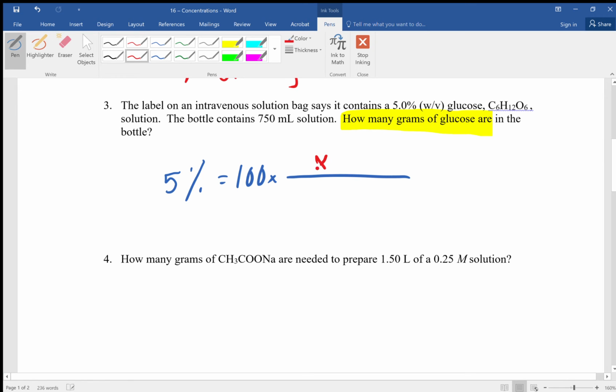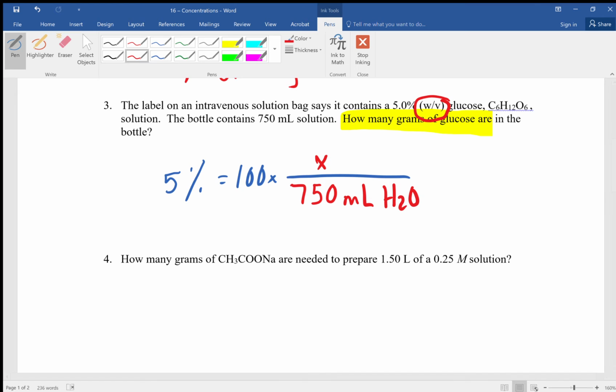So we'll call that X over the amount of the solvent. Now notice in this case, this is a weight per volume. So it doesn't matter that these are 2 different units. In fact, they have to be 2 different units. And so solving for X here, we find that we have 37.5 grams of glucose.